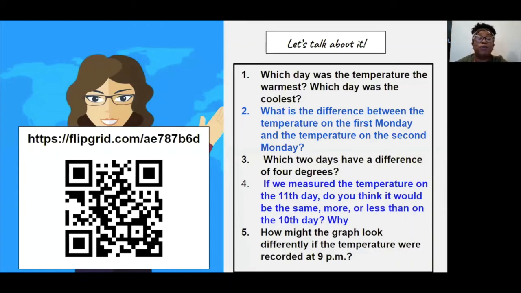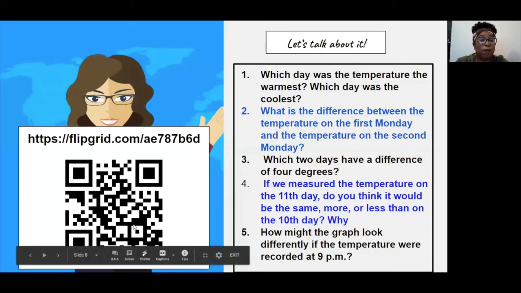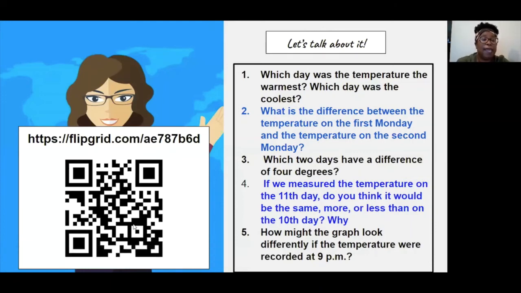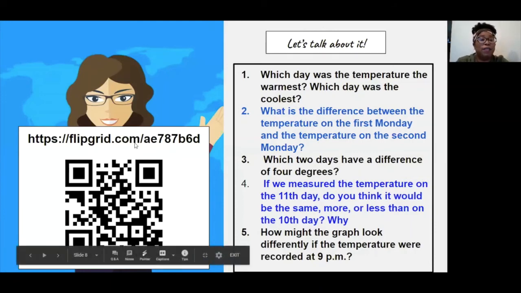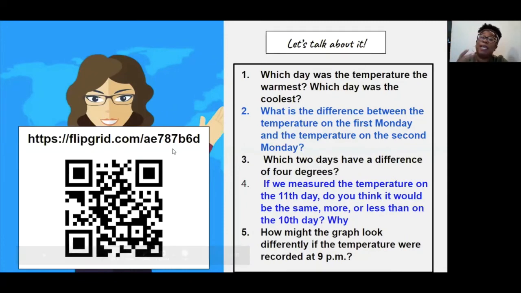However, you're going to choose 2 to answer and record your responses on Flipgrid. And here's the QR code. Once again, remember you can scan it with a cell phone or a tablet. And if not, you can just enter in the web address to record your responses to at least 2 questions.